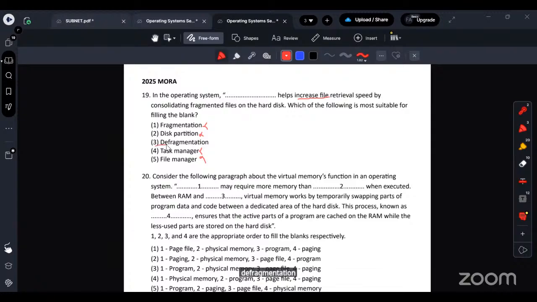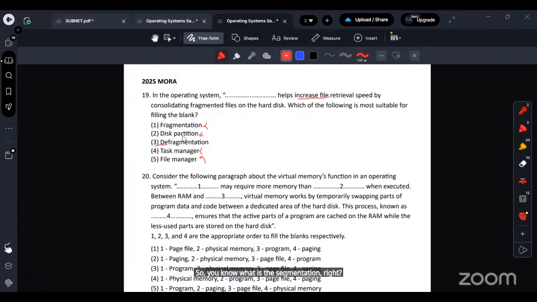Defragmentation. I hope you all know what is defragmentation. So you know what is defragmentation, right?